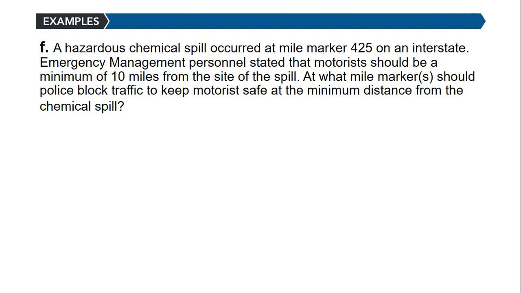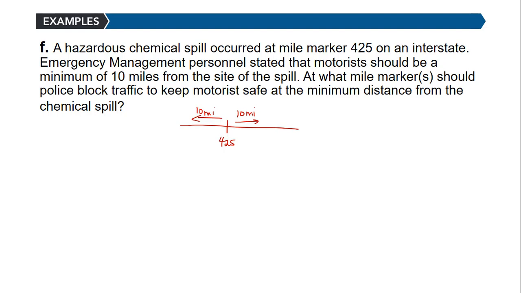So what we're saying here is that we're at mile marker 425, and we have to go 10 miles in each direction to block traffic. And I know you could figure that out in your head, right?